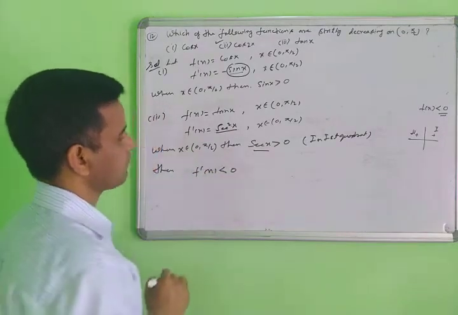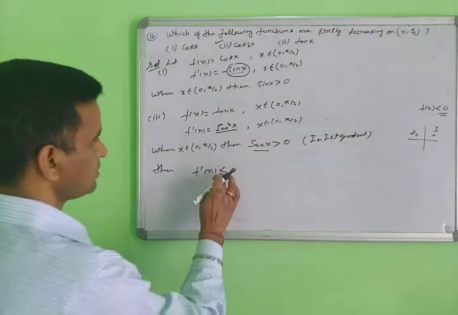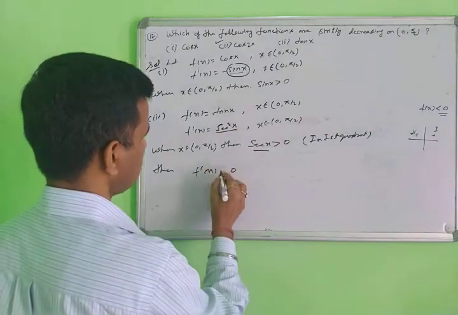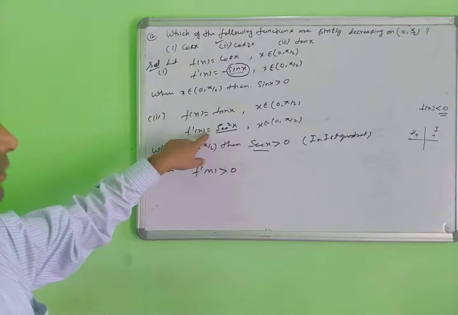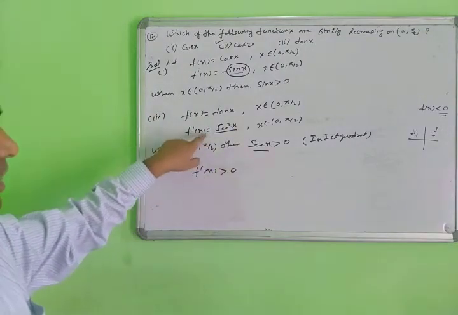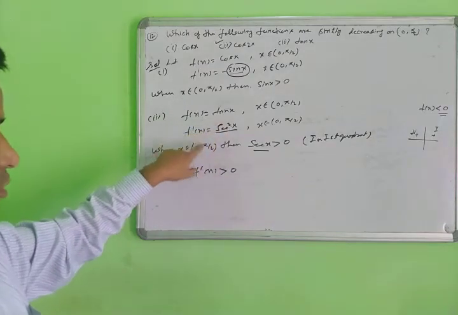So you can say this value is greater than 0, then f dash x is also greater than 0. Not less than, because here is a positive sign, so f dash is also positive.